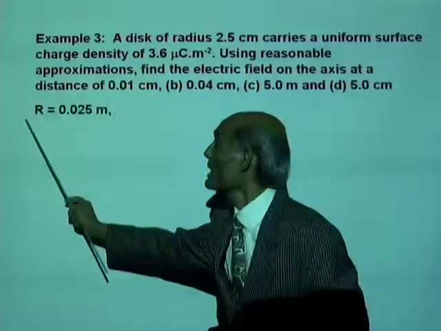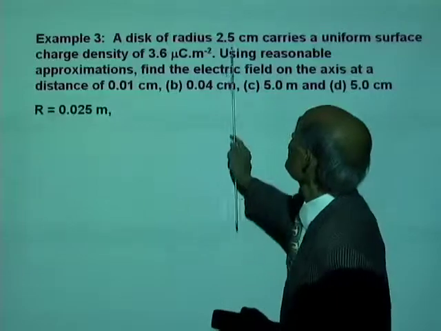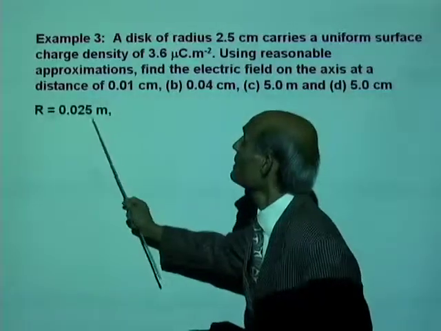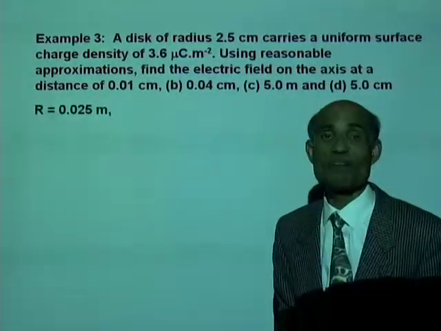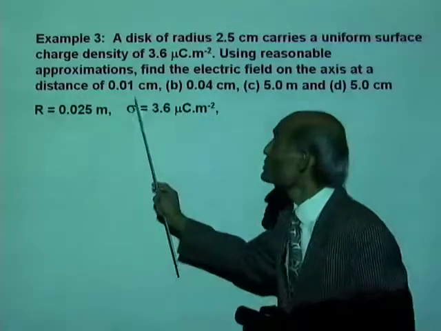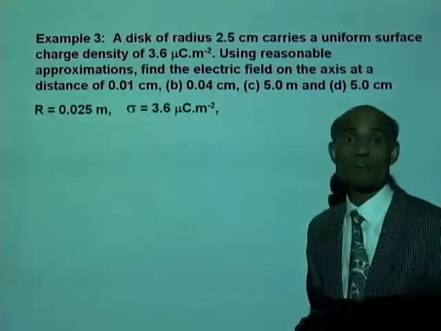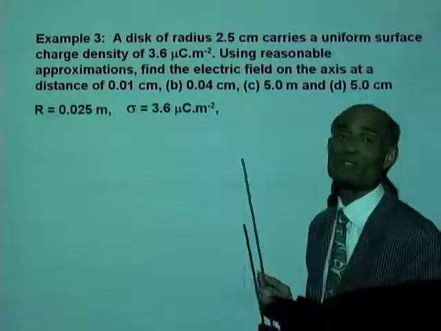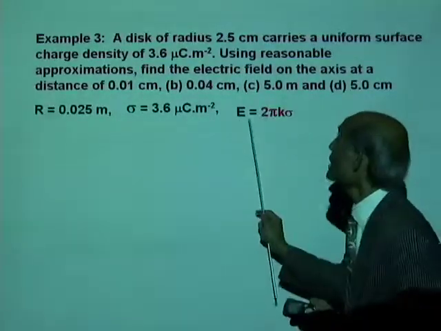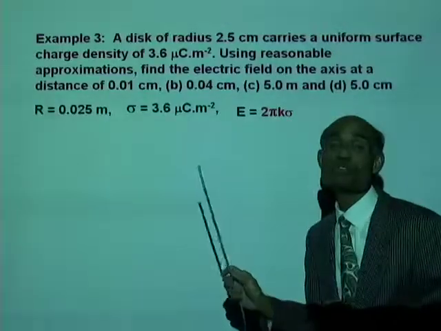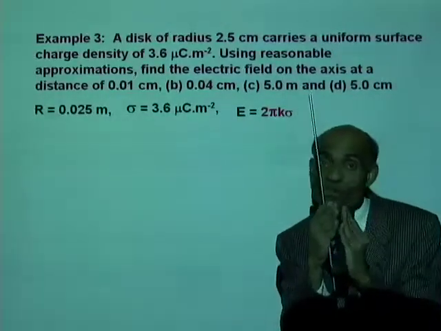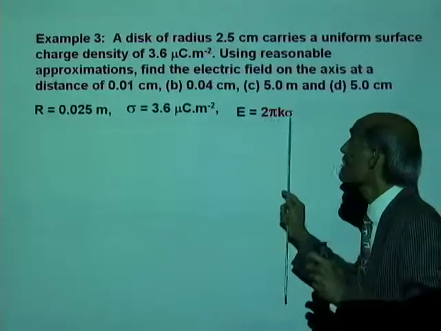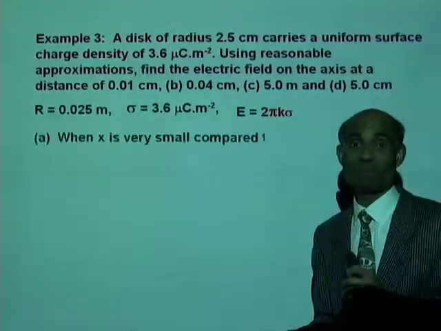Well, we got the radius of the disk is 2.5 centimeter, that is 0.025 meter. The surface charge density sigma is 3.6 microcoulomb per meter squared. And the formula we're going to use for the close approximation, the electric field is 2 pi k sigma.